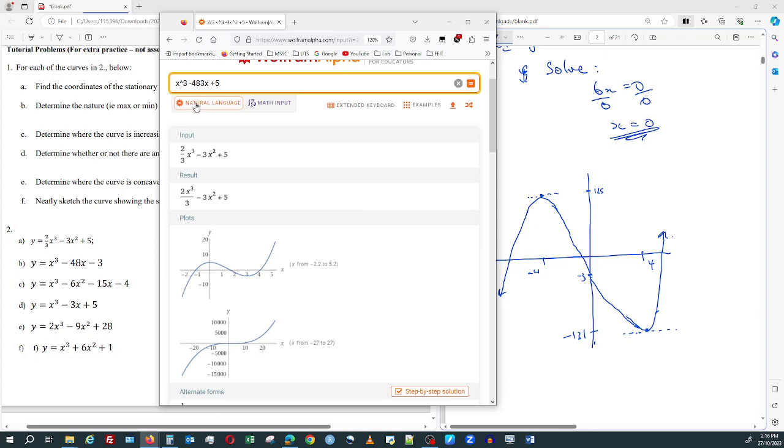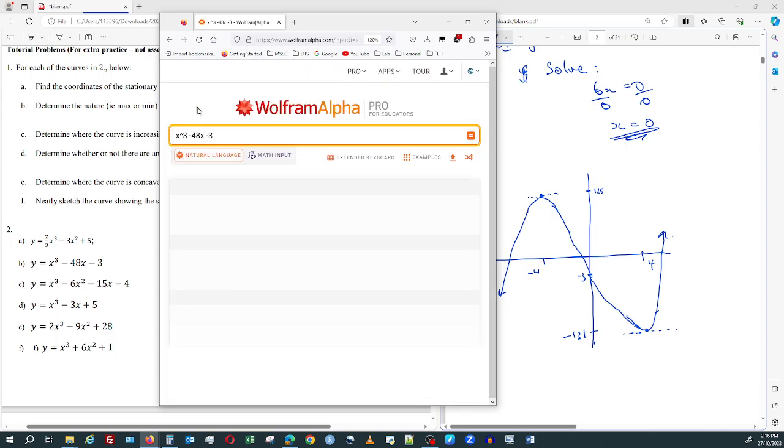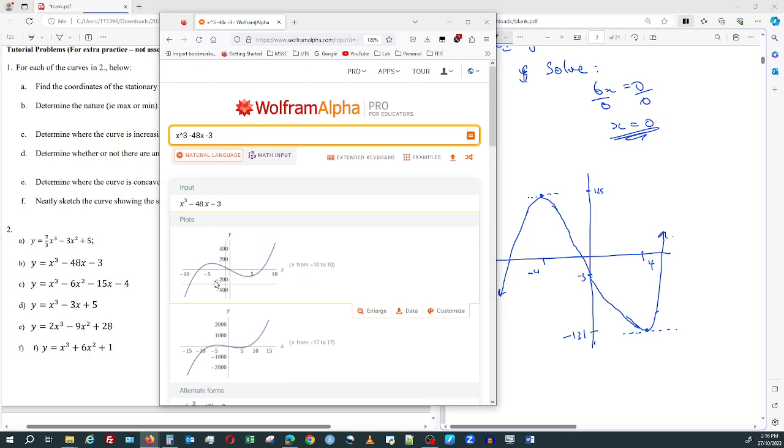Okay, 48 and -3. So we can take that away. And all that does is help us just follow through and say, well, are we in the right ballpark? Are we swooping out? The scale's quite different, but we can see the swoop there. The maximum's happening at 4. Same here, it's just short of 5.